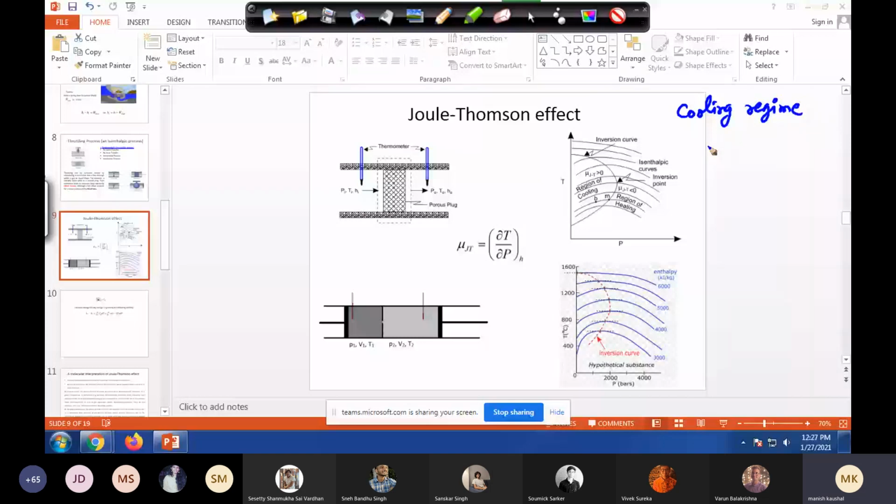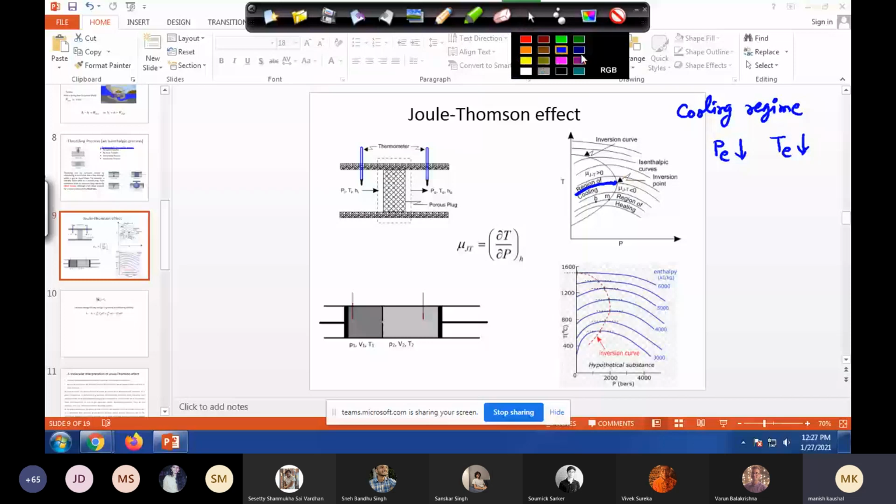What we observe for the cooling regime is that as PE decreases, T also decreases. That's fine, that we see here. Or we can say it the other way, that as P increases, T increases. So T is an increasing function of P.